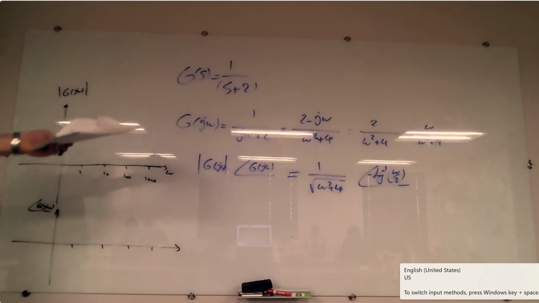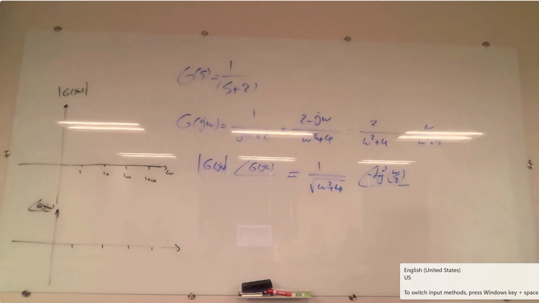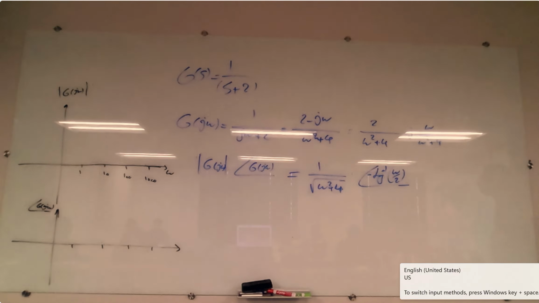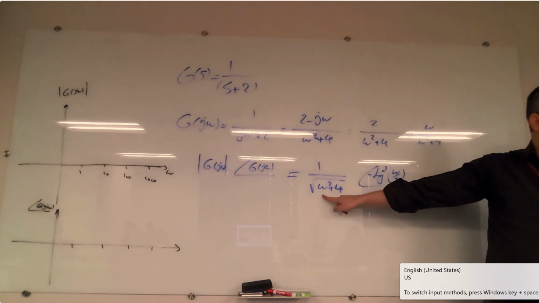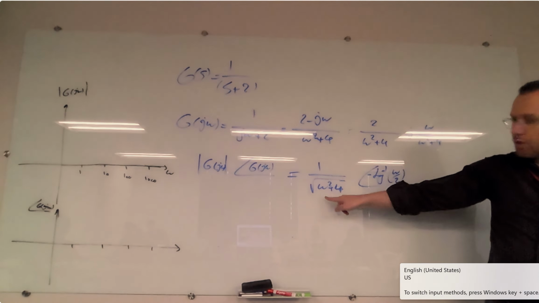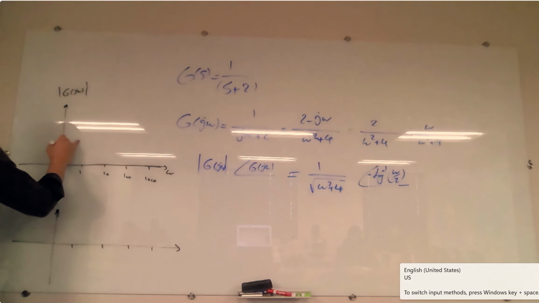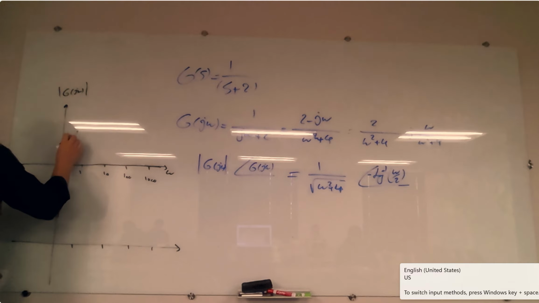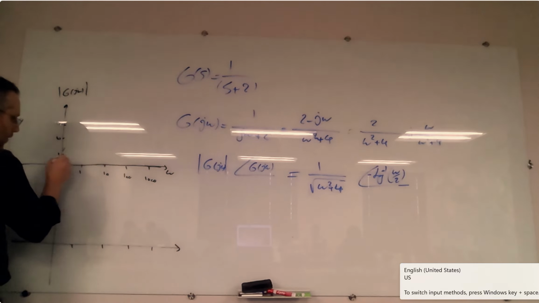If my omega is 0, what would happen to my amplitude? 1/2, right? It's going to be 0.5. Let's say this is 1 again, 1, 10, 100. 0.5 here.